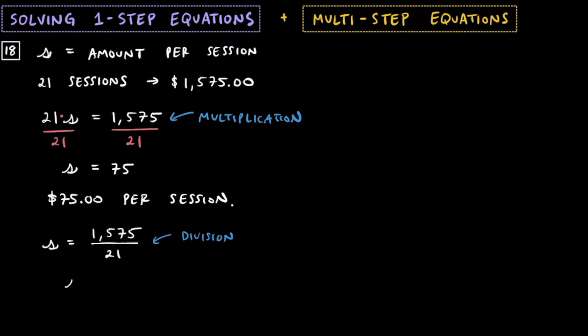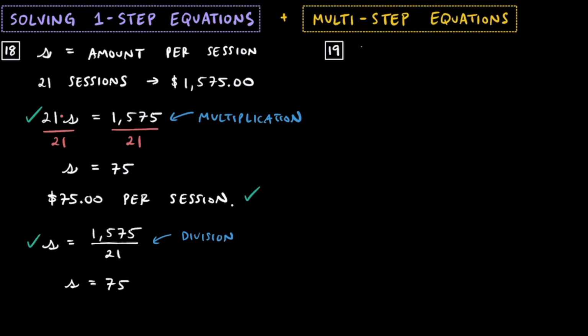If you were solving this, we're still going to get this 75 because 1,575 divided by 21 does equal 75. So keep in mind, we can use two different operation equations to represent the same thing. So this is one of them using multiplication. Here's our second one using division. But in the end, both of them help us find out that they're charging $75 per tutoring session.